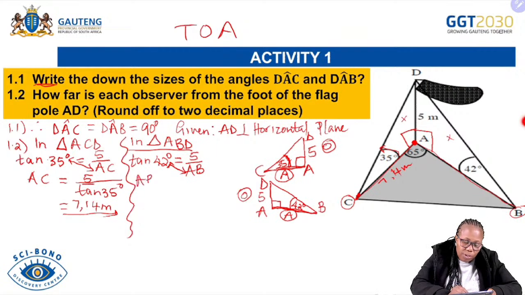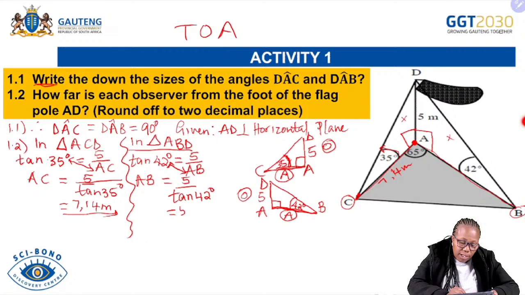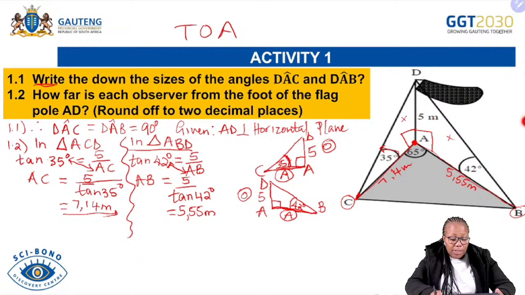AB will go this side, and then we are having 5 over tan 42 degrees. And then into your calculator, straight to the answer, that is giving us 5,55 meters. Therefore, AB is 5,55 meters, grade 12.